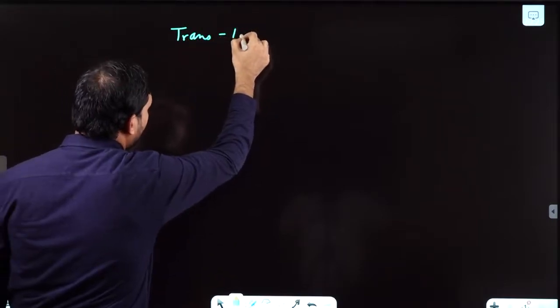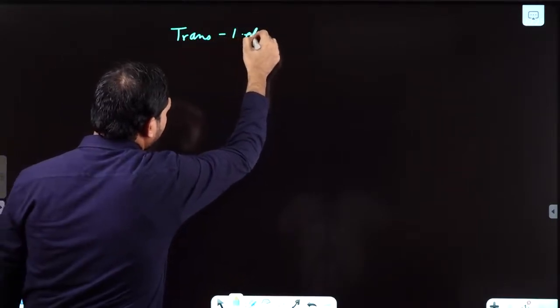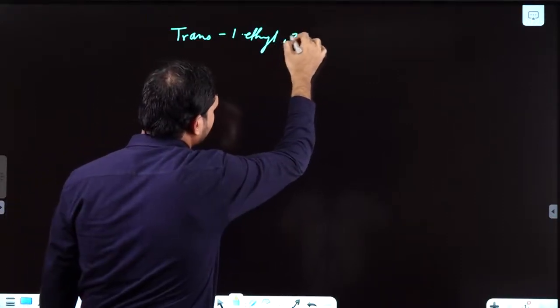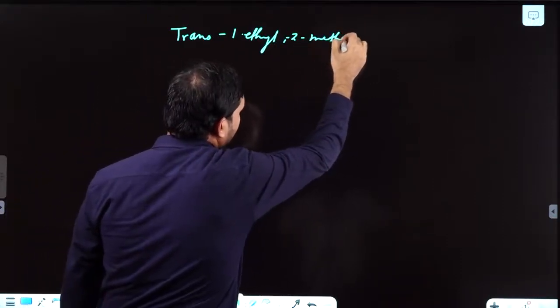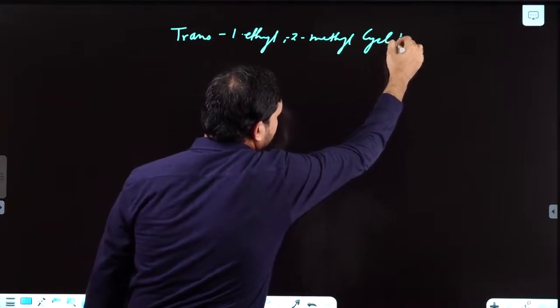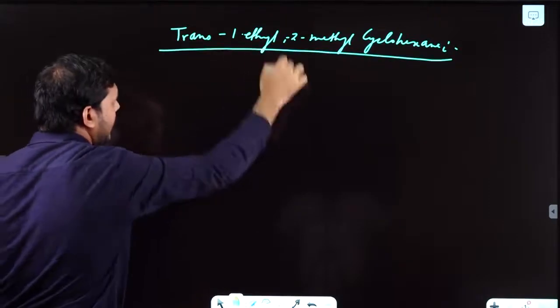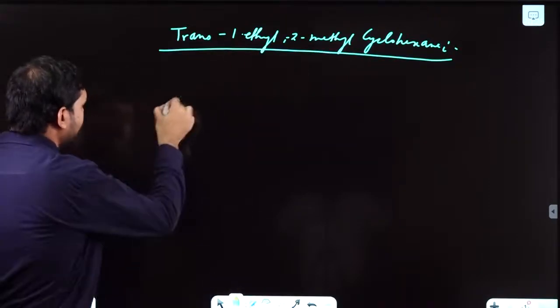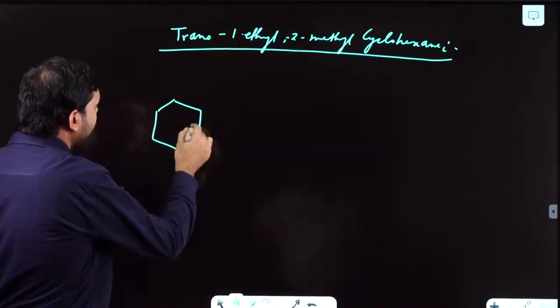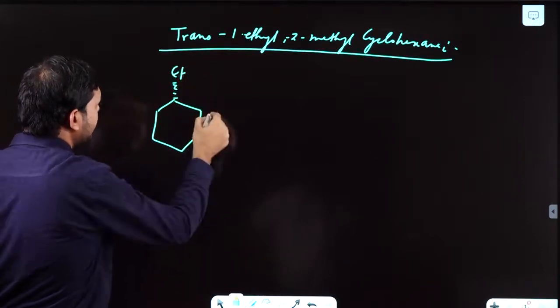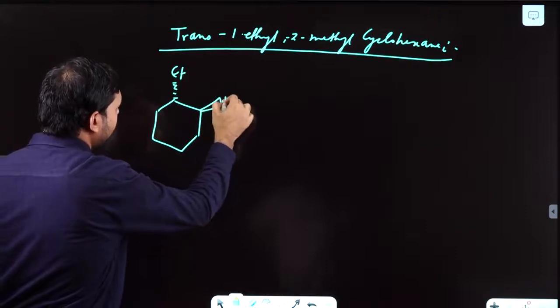Trans 1-ethyl 2-methyl-cyclohexane. So if I draw here 1-ethyl, suppose I am taking ethyl in dash position, so 2 in wedge position.